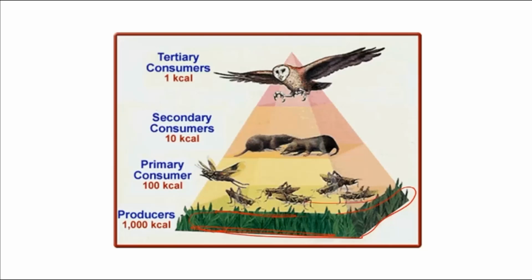So here we go. Now we've got less of these guys. And as we go further up the pyramid, they get eaten by these here, but we've got less of those, and they get eaten by this bird up here, but we've got even less of them. So this was described as a pyramid. We talk about the food pyramid because most of the organisms are at the base. Okay, you've got to have lots and lots of plants to feed the organisms above and then above and then above.